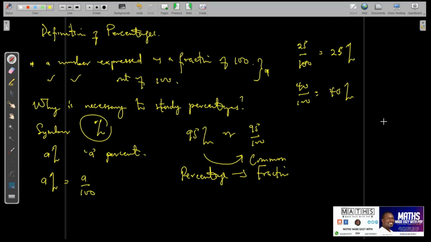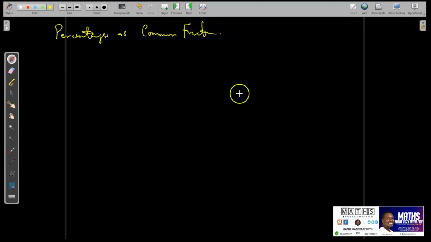So our next subtopic, after knowing what percentages are and why we need to study the concept of percentages, is percentages as common fractions.